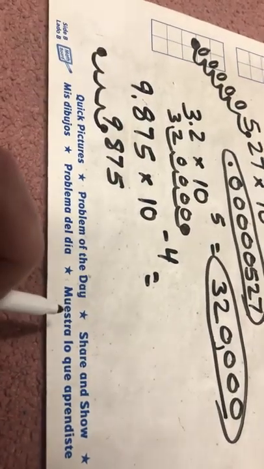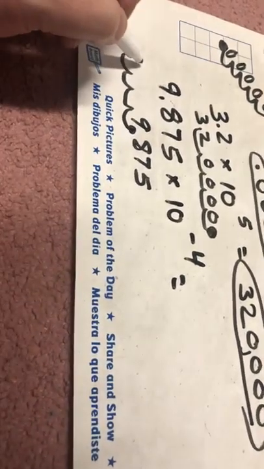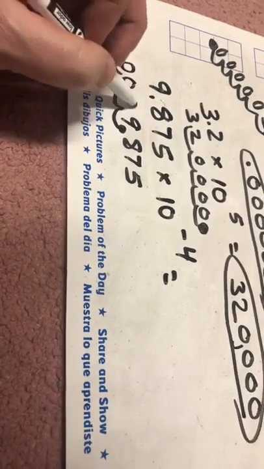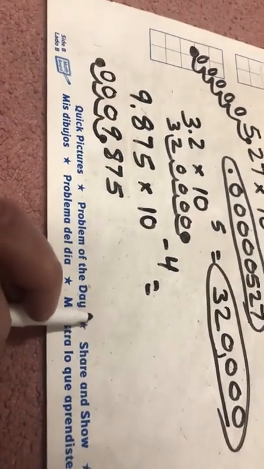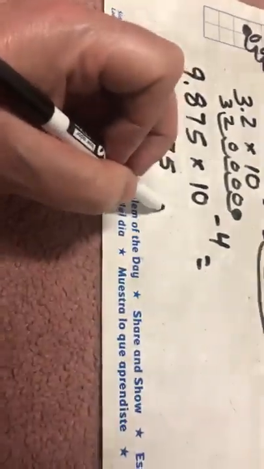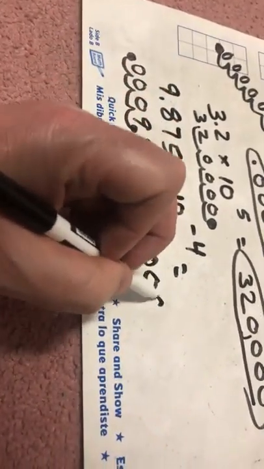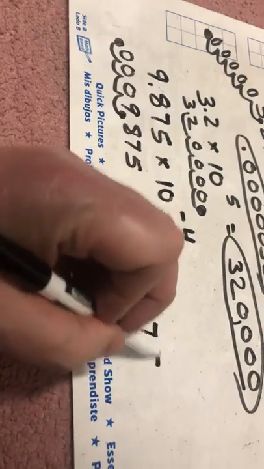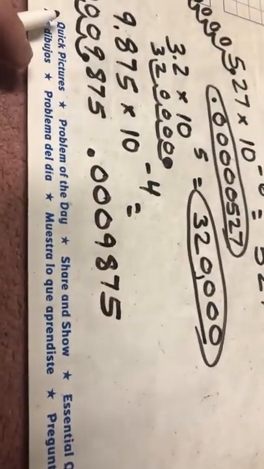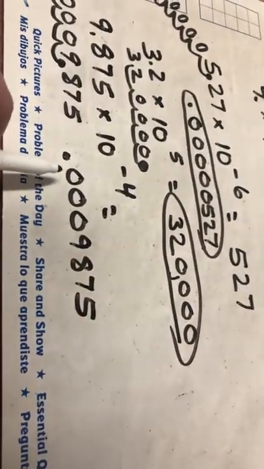My decimal is there. I now have these extra spots, 3 of them in fact, where a 0 needs to go. So I end up with 0.0009875.